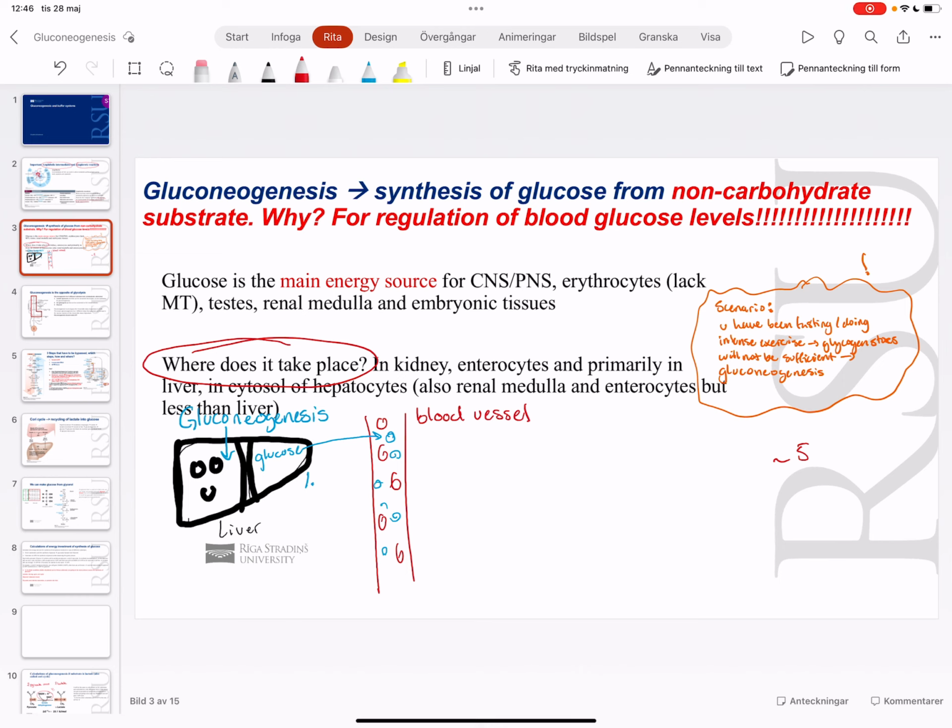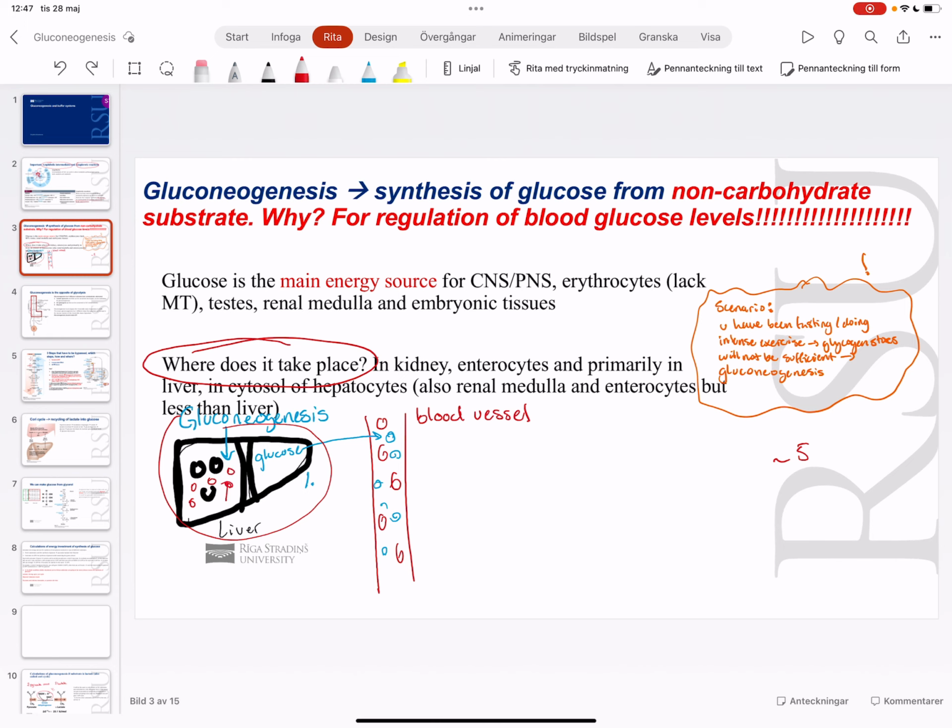Okay, so this is basically what happens. Here we have the liver, and here we have liver cells. Inside the cytoplasm of these liver cells there will be gluconeogenesis, so we will create new glucose molecules.